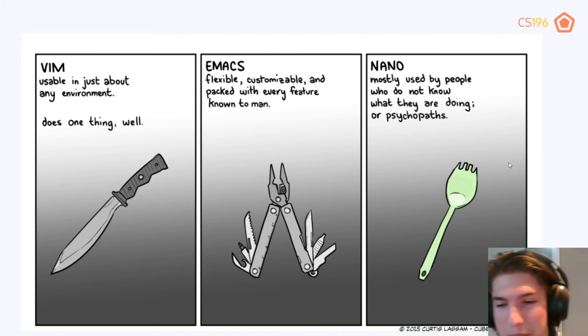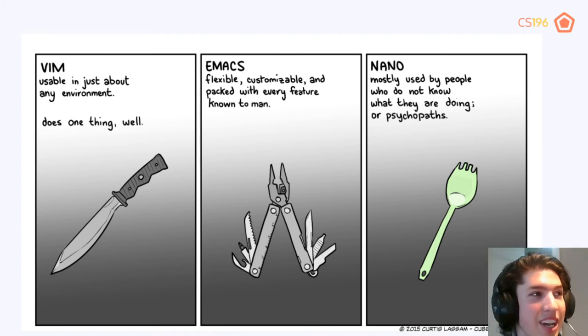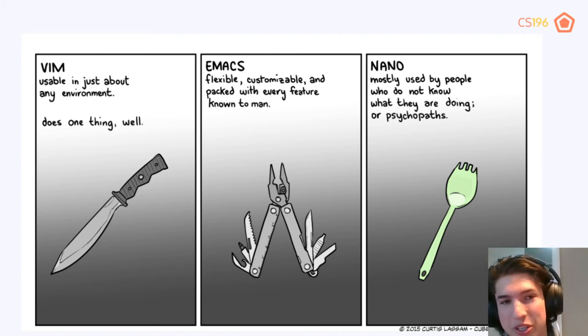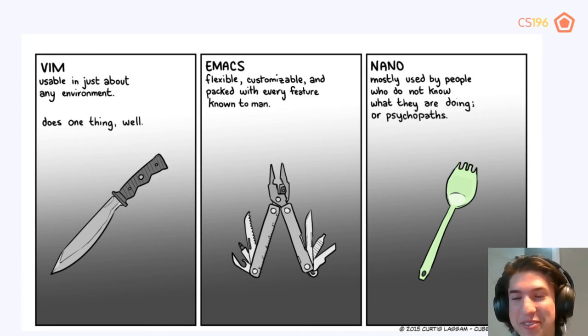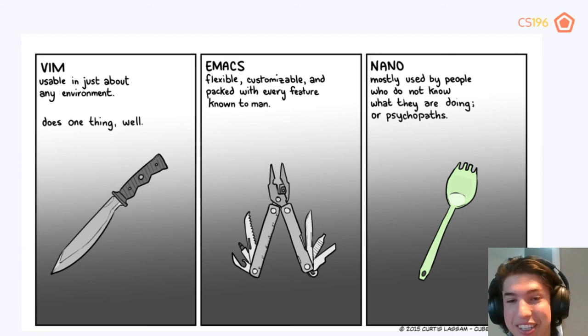I'll talk a little bit about my unpopular opinion now, which is again, it super does not matter which one of these you use. I personally actually use Nano, and the reason for that is if I'm editing in my console, then I'm probably doing something very fast and easy.